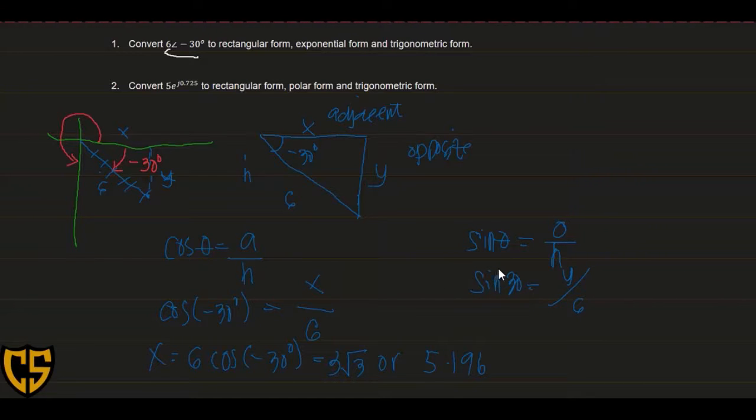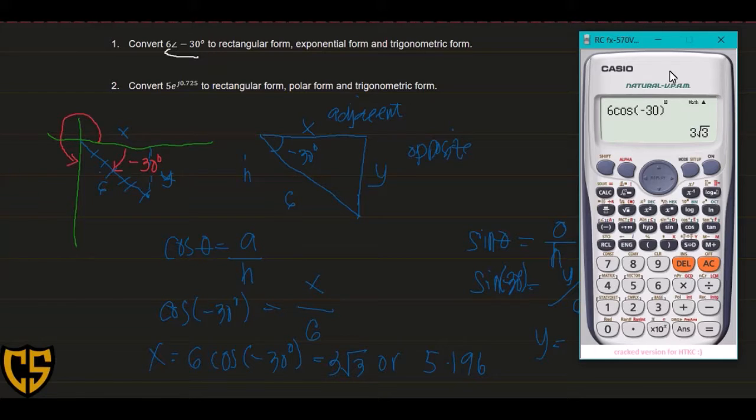So take note, we have negative 30 degrees. So your y then will be equal to 6 times sine negative 30 degrees. So solving sa aton nga values, so we have sine negative 30 degrees.